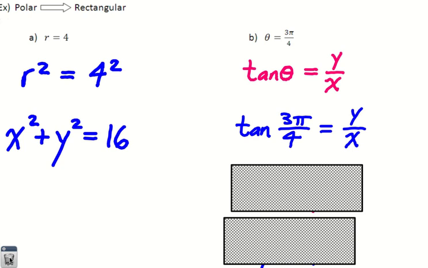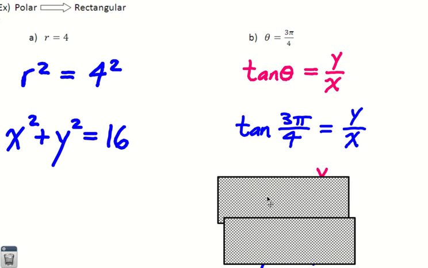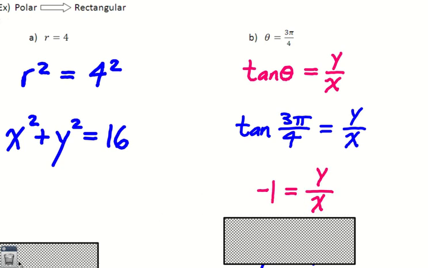What's that in degrees? I believe it's 135. 3 pi over 4 should be the same as 135 degrees. And if you look at your cheat chart, that'll tell you that the tangent of 135 degrees is -1.